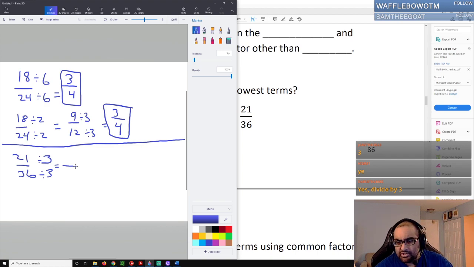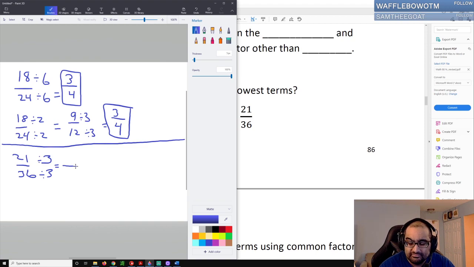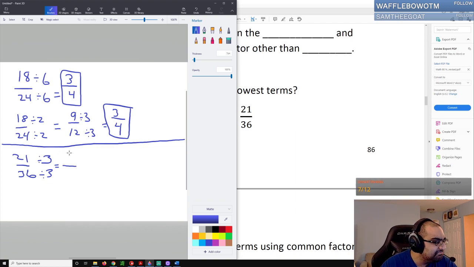Let's look at 21 divided by 3 and 36 over 3. What do we get as our answer here? Good. So we indeed get 7 over 12 here for our final answer.